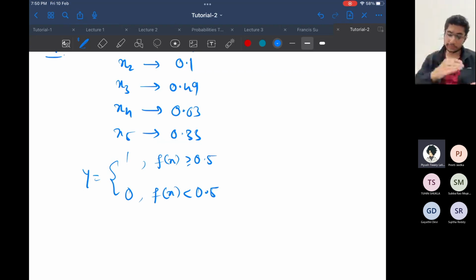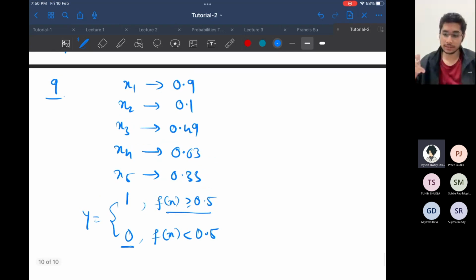If the output is less than 0.5, the output will be 0, right? And if the output of the logistic function is greater than 0.5, the output will be 1. So it's like a thresholding function. Once you apply the sigmoid function, you just threshold it with 0.5.